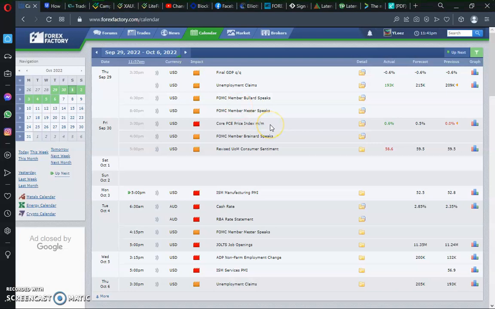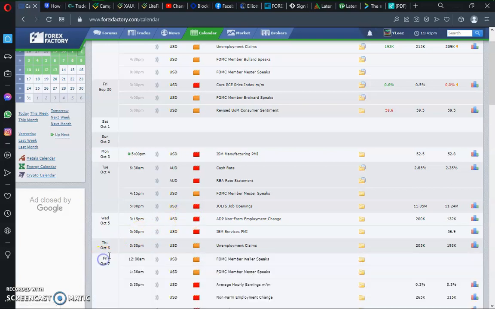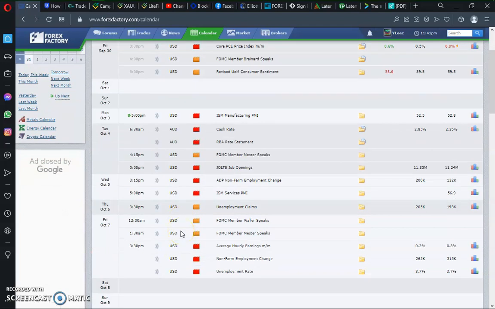Most traders don't watch the calendar, so they don't know about the high impact news and how it can affect their trades. Starting from Monday, we have high impact news, marked with red color. Also on Wednesday we have high impact news, and remember on Friday we must have the NFP, because it is the first Friday of the month.